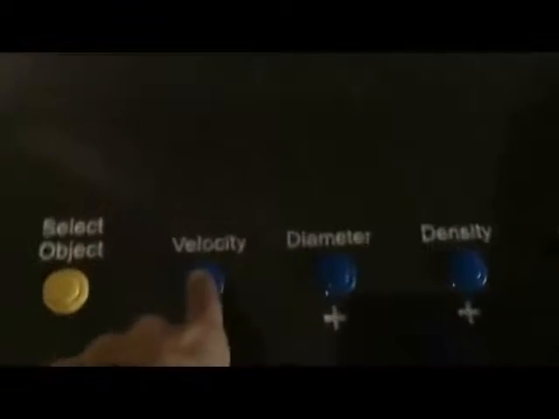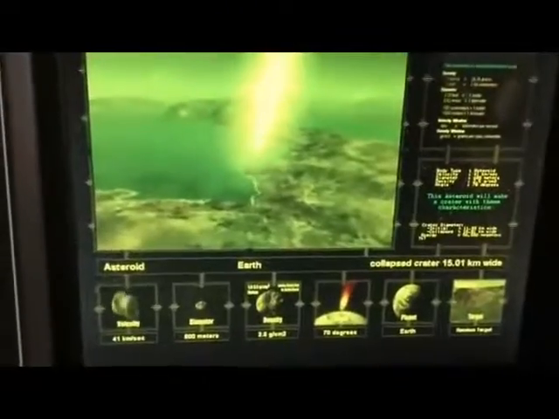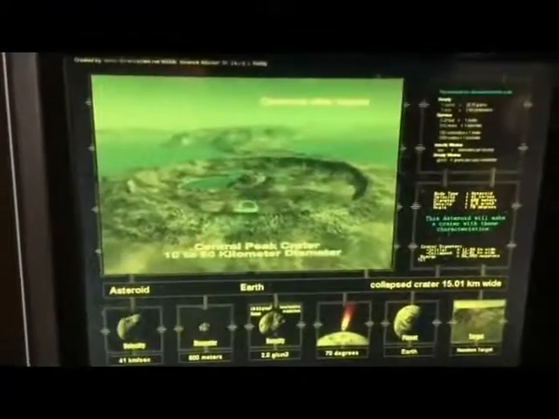Impact. I want higher velocity, and I want an angle, and I want some diameter. Go ahead and run simulation now for me. Oh, here's the simulation, guys. I created this. Oh, isn't it beautiful?